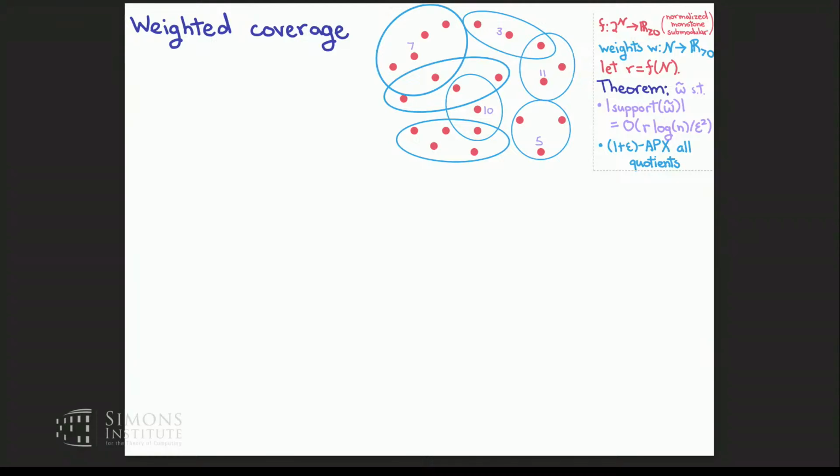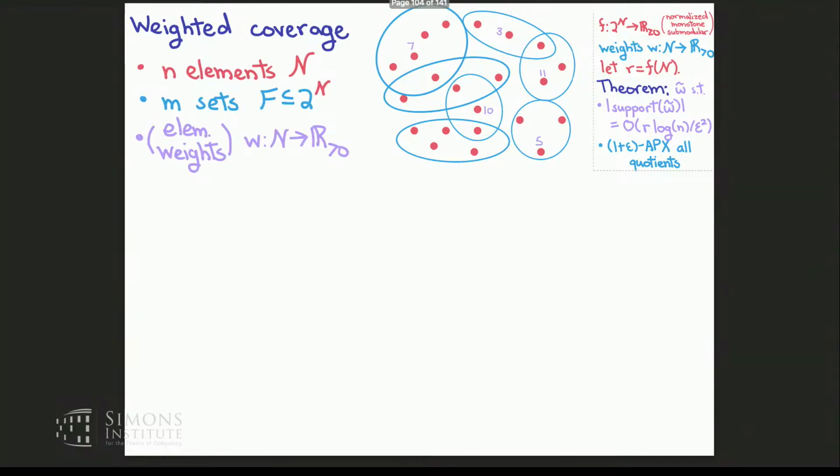Here's another example that's kind of fun. Take coverage. Okay, so you have elements and sets, and the elements are weighted. And what I want to do is subsample these elements and preserve the weight of every union of sets so that I can just run coverage or something on a smaller set of stuff.